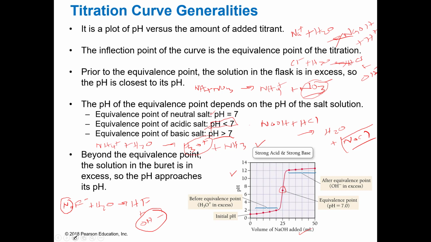So this is an important bullet point because we're going to be looking at different scenarios where we have a strong acid with a strong base, we get a neutral salt formed. We're going to have a strong base with a weak acid, and we're going to have a strong acid with a weak base.